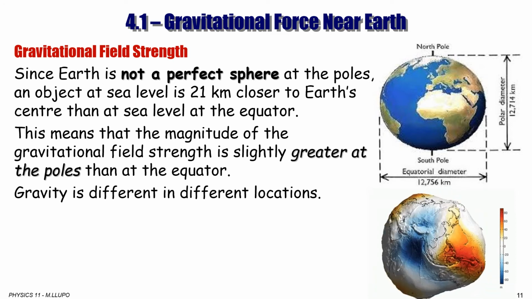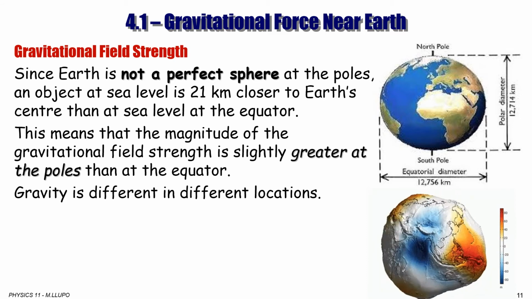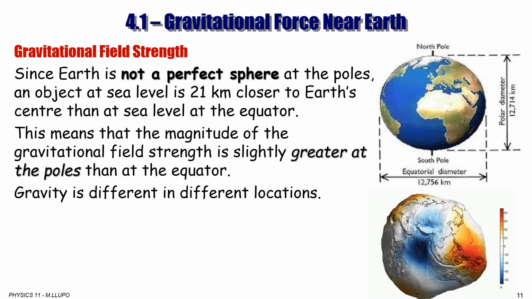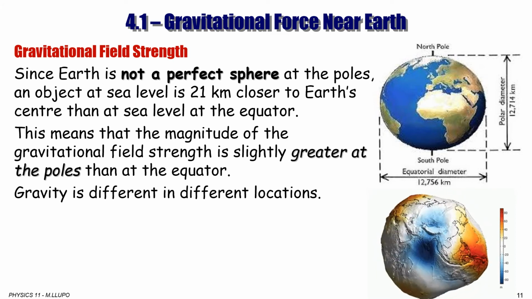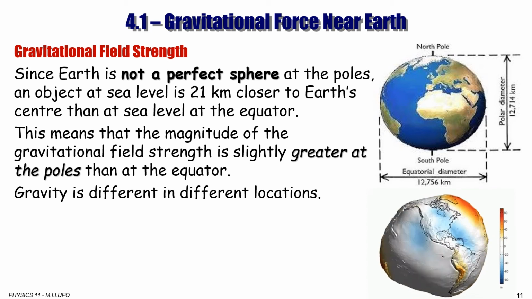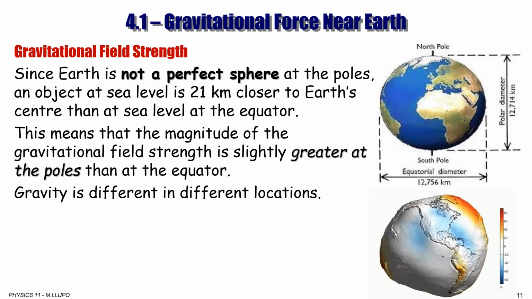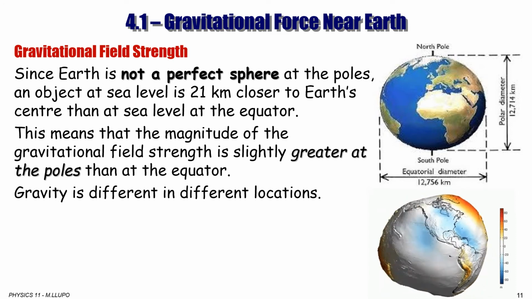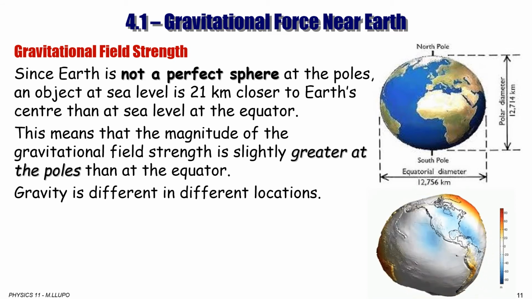So that means the radius, or the distance from the center of the Earth, has a 21 kilometer difference between center to poles and center to equator. As a result, the gravitational field strength has to be different. So it's greater at the poles and weaker at the equator.